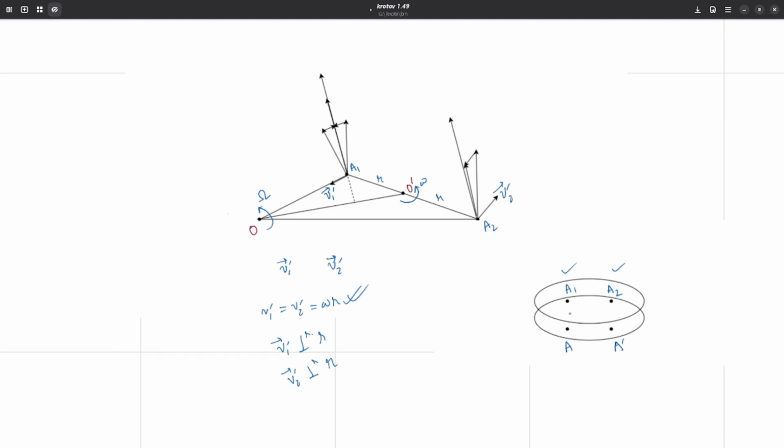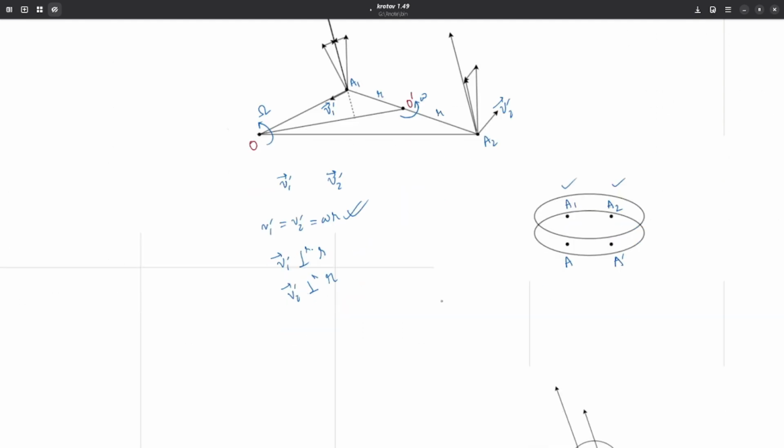So if a1 is a point on the smaller disk touching a point on the larger disk, we get velocity of a with respect to a1 plus velocity of a1 with respect to O is equal to velocity of a with respect to O, where O is the center of the rotating frame.